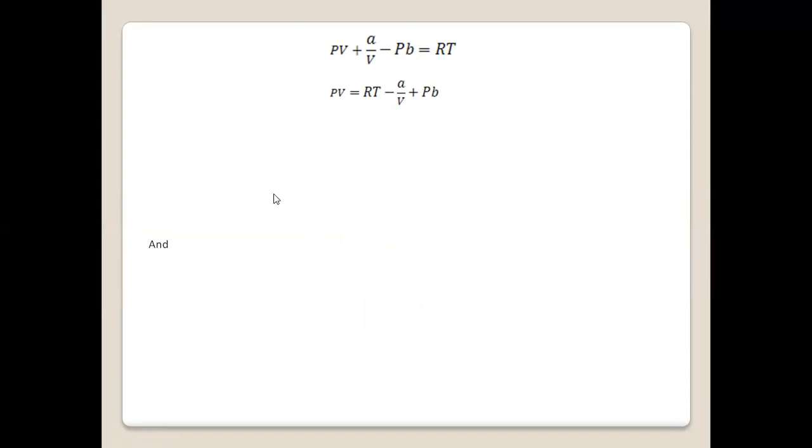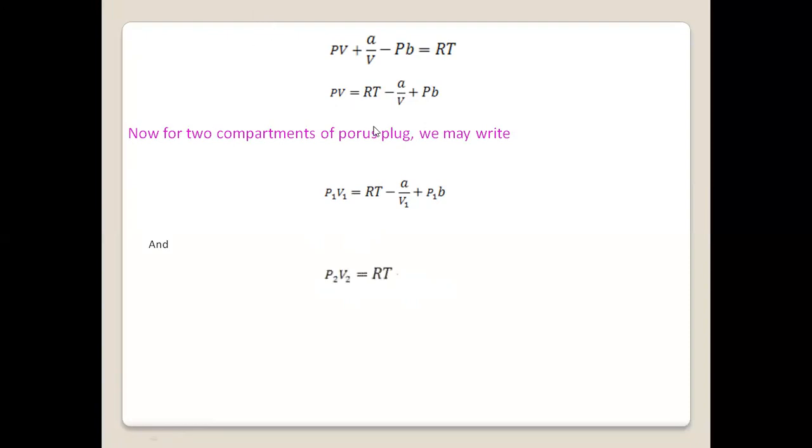So there are two compartments. In compartment 1, the pressure is P1 and the volume is V1. For that compartment, the real gas equation can be written as P1 V1 is equal to RT minus A by V1 plus P1B. And in the second compartment, P2 V2 is equal to RT minus A by V2 plus P2B.